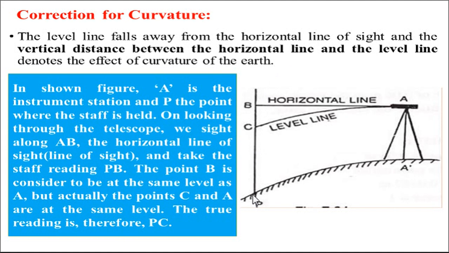The point B is considered to be at the same level as A, but actually points C and A are at the same level. The true reading is therefore PC instead of PB. So this BC is called the error in the reading, and that is due to curvature.